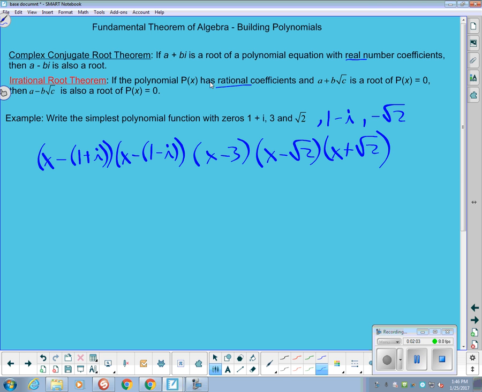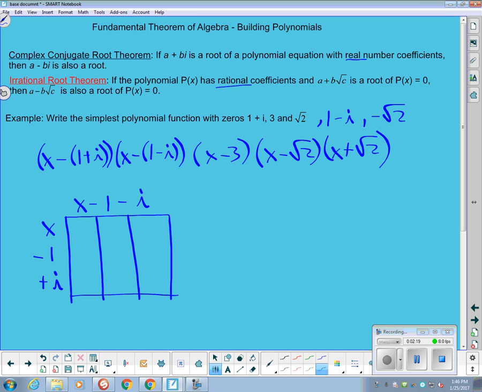So let's start building our polynomial. We'll distribute up here, so I get an x minus 1 minus i that I'm going to multiply by an x minus 1 plus i as we use the area model to figure out what this is equal to. So that gets an x squared minus x minus ix minus x plus 1 plus i plus ix minus i and minus i squared.